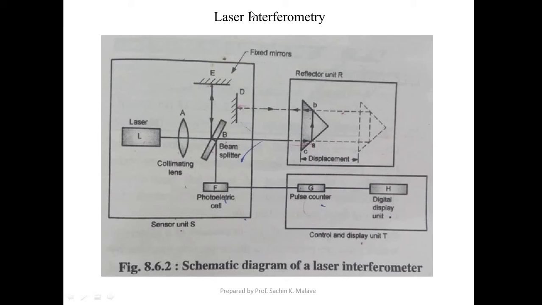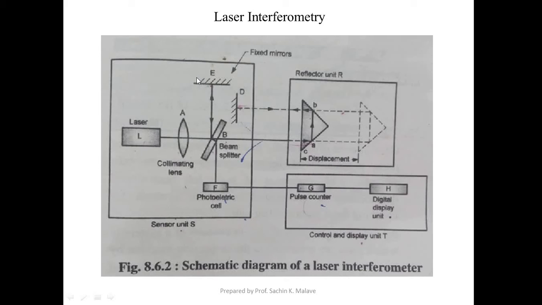Now in this case, instead of using that source of light, the source of light used is a laser beam. We have already seen the laser itself has some advantages, so that's why the laser beam is used. So now we'll see how this interferometer works, or how the measurements are taken.